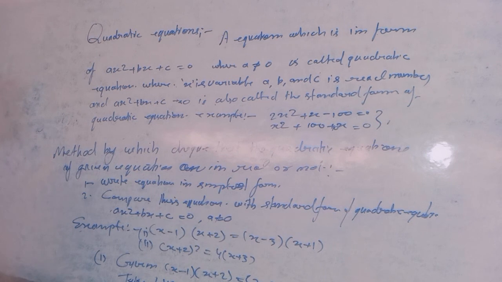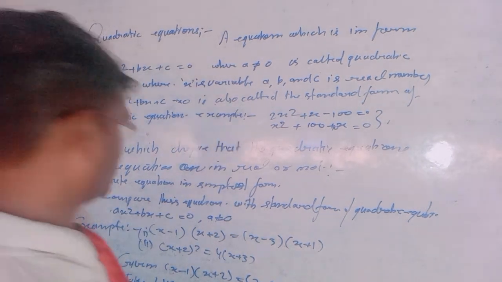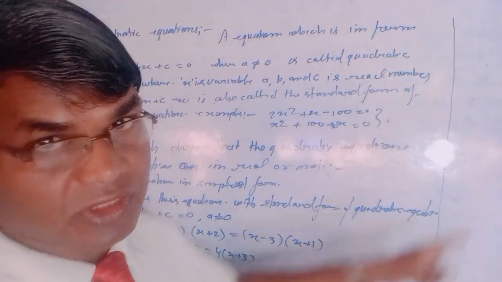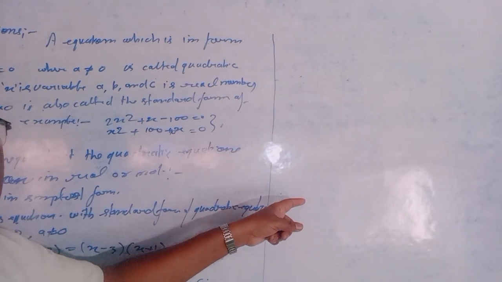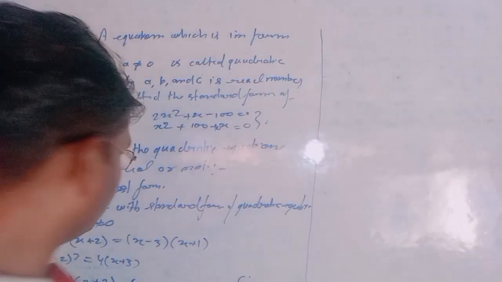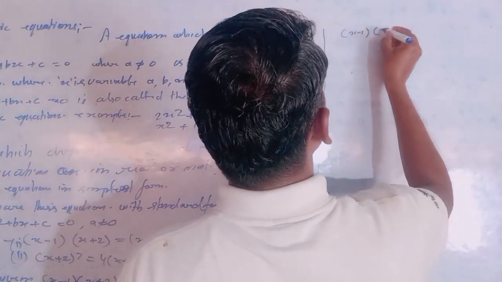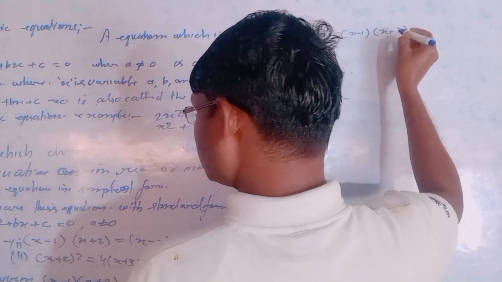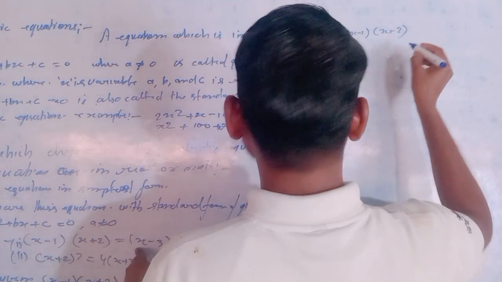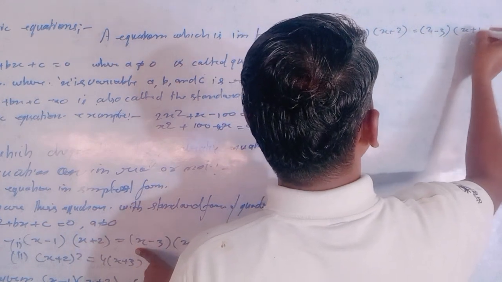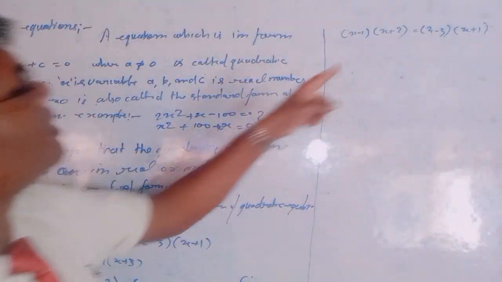So first we simplify these products. Let's start the simplification by means of solutions. (x minus 1)(x plus 2) is equal to (x minus 3)(x plus 1). Okay, these are the simplest forms.